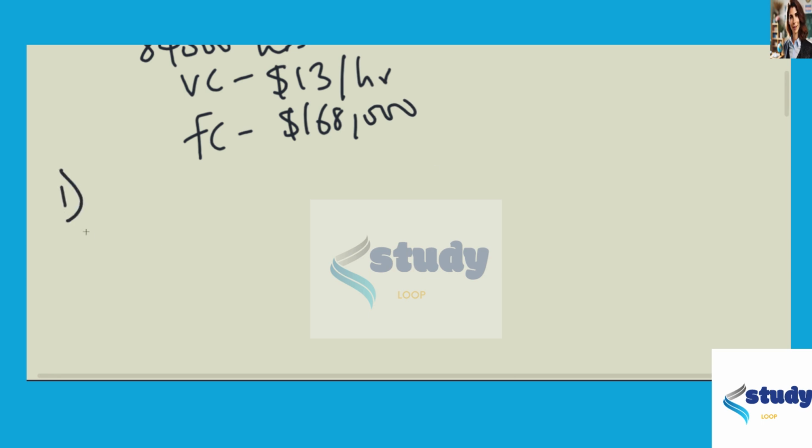Now, the first question: calculate the price per hour that Georgia Temps should charge based on Mason's proposal.